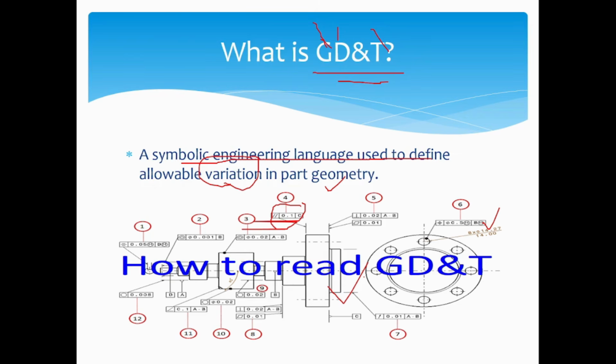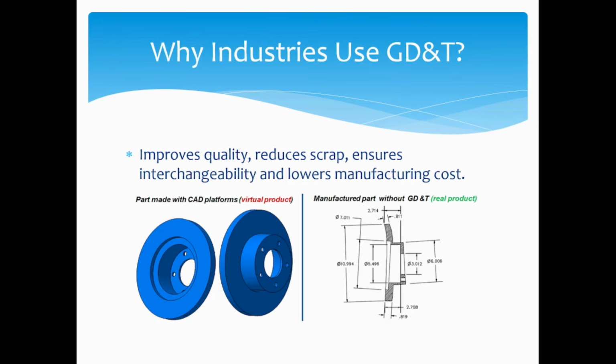Now, why is GD&T used? First of all, we need to understand the importance of GD&T. If this is my final product and I make a drawing something like this, I'm giving the whole dia and this flange dia, this outer dia, these thicknesses.